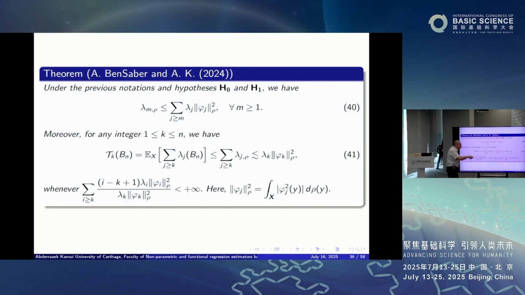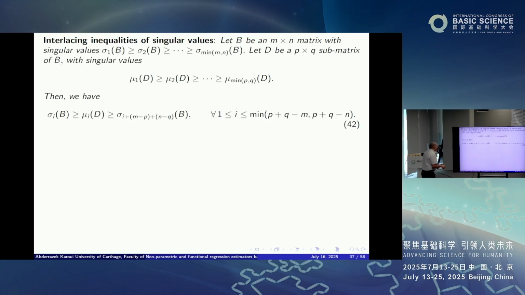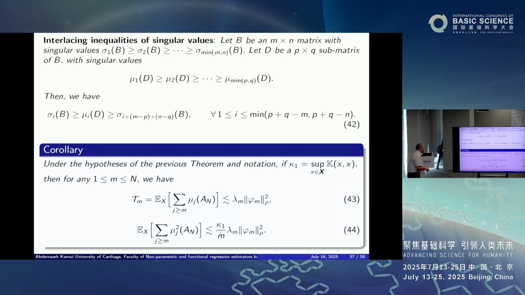And in terms of what? Of the known lambda k. This is important. And we have used it also with an inequality on singular values to get the expectation of the squared singular values of our truncated matrix.